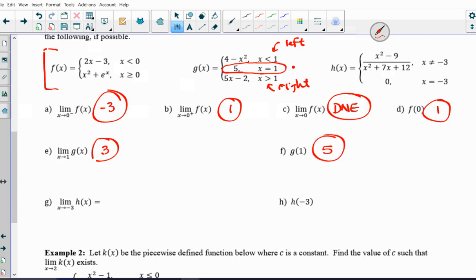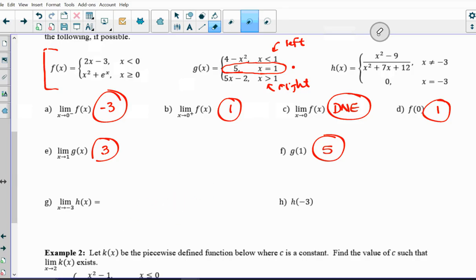Okay. All right, h of x as x approaches -3. This is weird, right? The way this is written, it's not going to be just 0 over 0. Remember 0 over 0 is, oh no. Well, you're not done then.